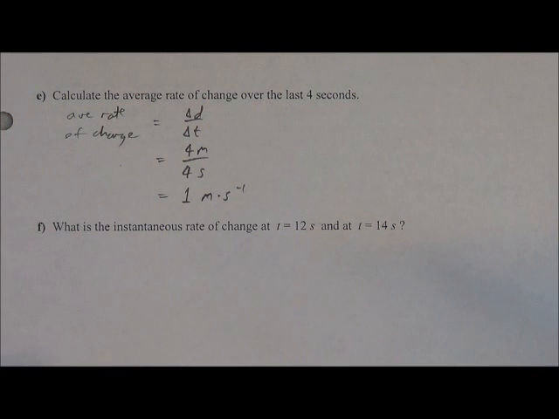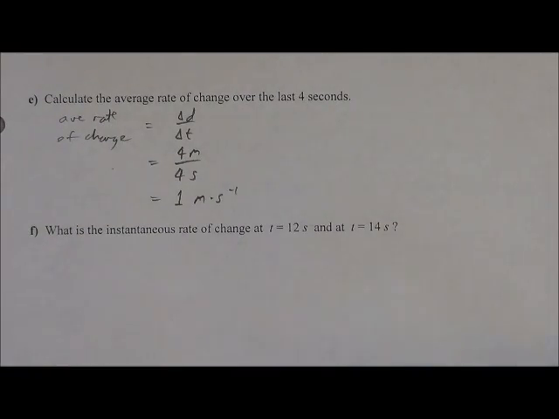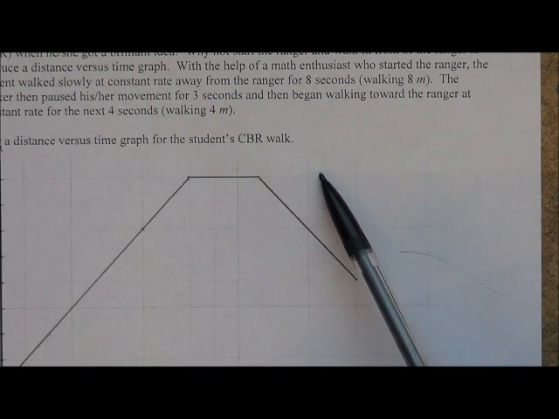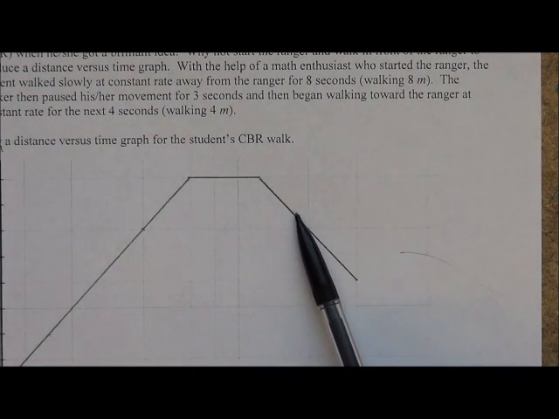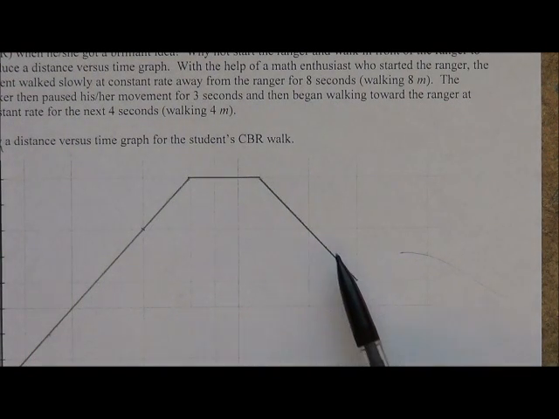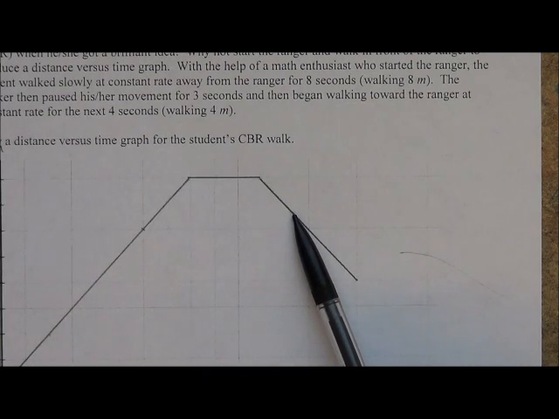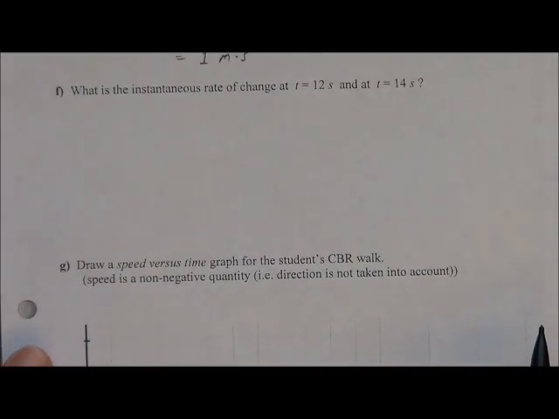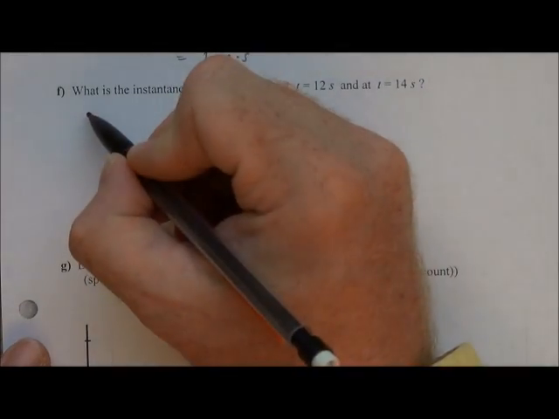So then, we want to find the instantaneous rate of change at t equals 12 seconds and t equals 14 seconds. Well, those two speeds are going to be the same because this is a constant rate all the way along there. So at t equals 12 seconds and t equals 14 seconds, because that's a constant rate, the instantaneous rate of change is going to be the same as the average rate of change.